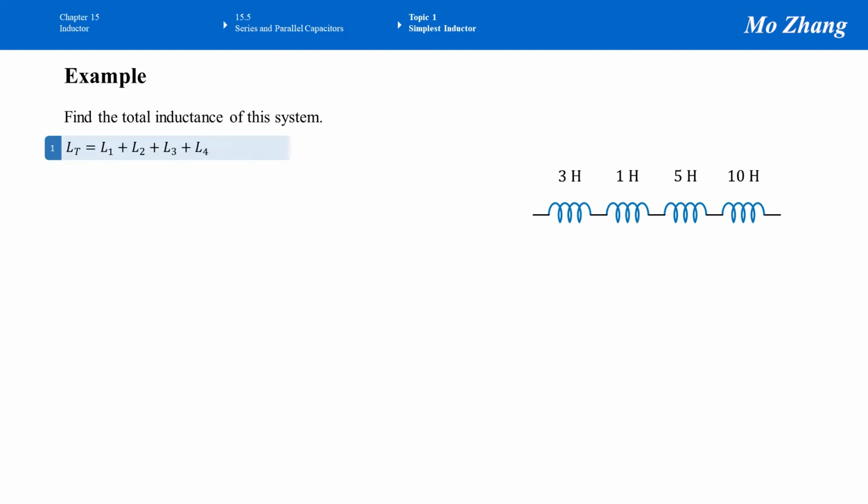Since this circuit has only 4 inductors, we just need to take the 4 terms of that formula. So Lt equals L1 plus L2 plus L3 plus L4. Plug in numbers: 3 Henry plus 1 Henry plus 5 Henry plus 10 Henry. After adding them up, it is 19 Henry.